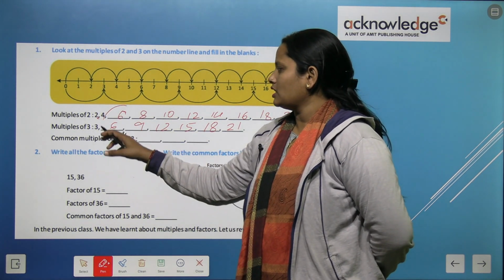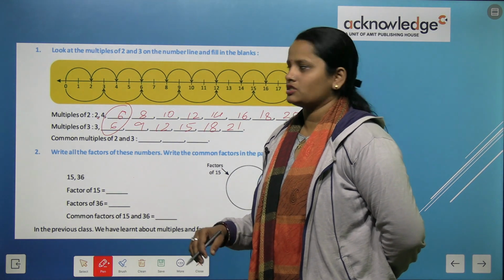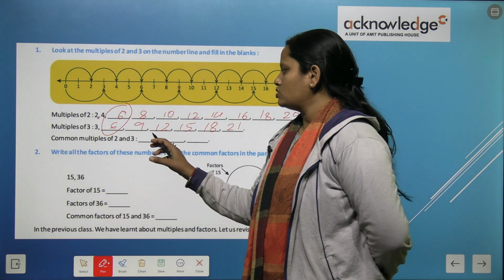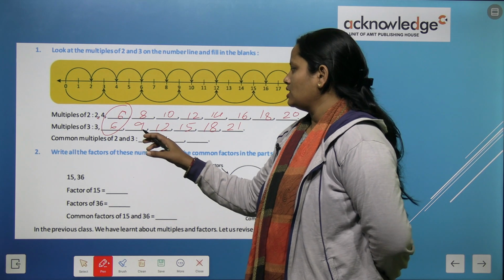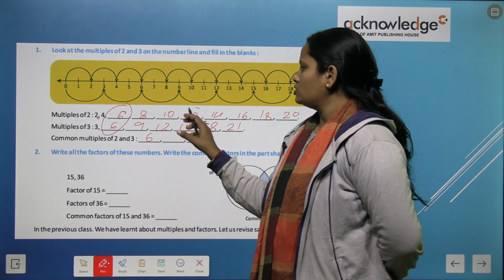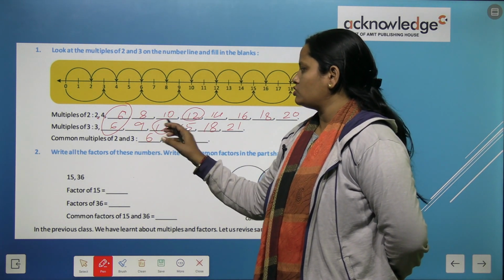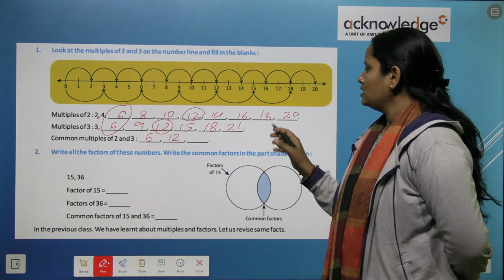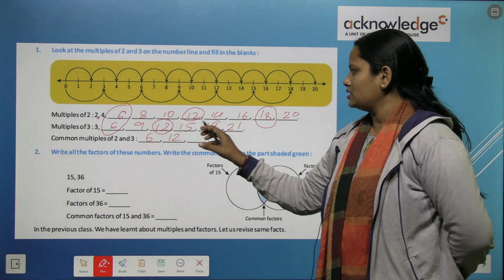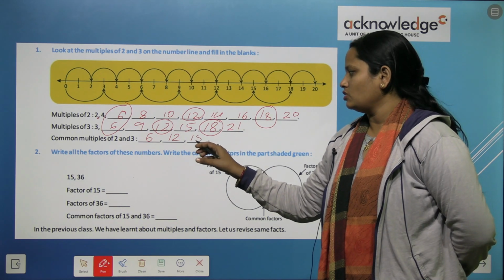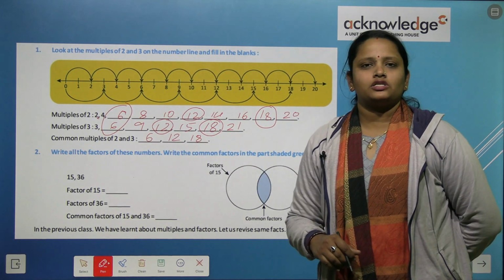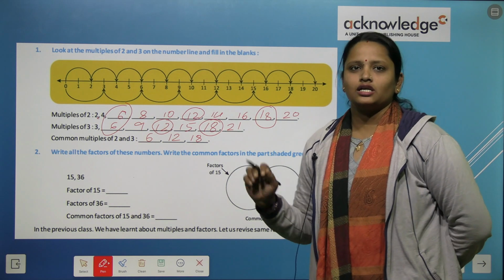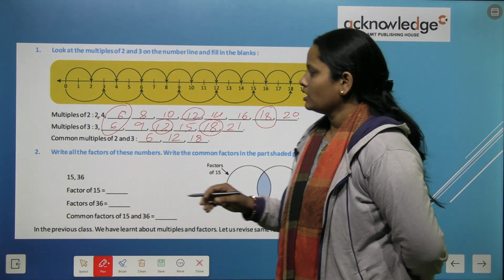So यहाँ पे देखेंगे this 6 is common in both the tables. So here we are going to write 6. अब देखेंगे 12 is in both the tables. Next is 18. So the common multiples of 2 and 3 are 6, 12 and 18.